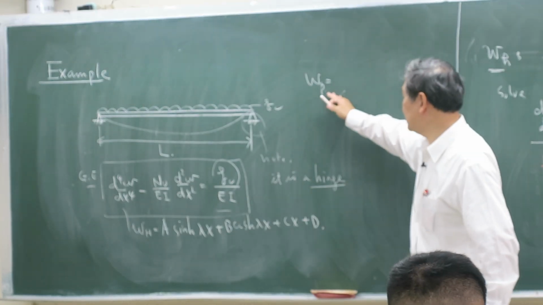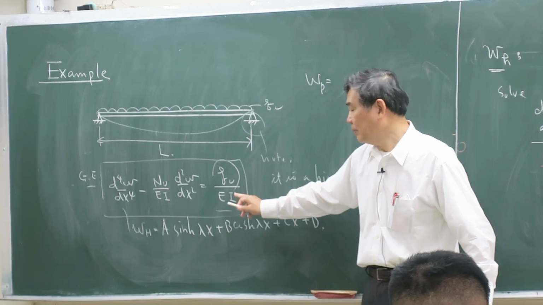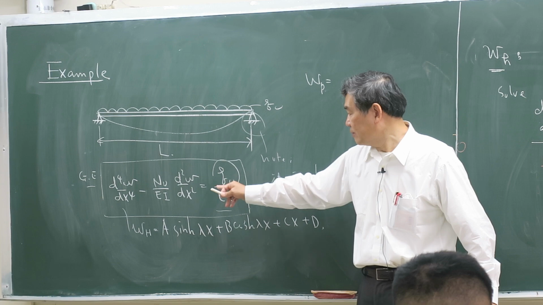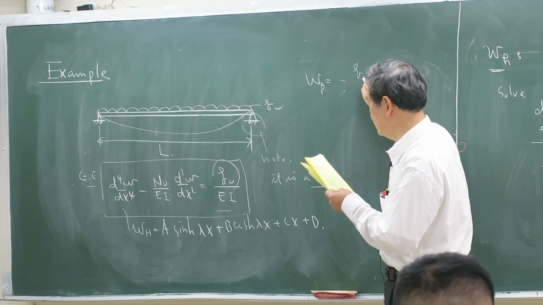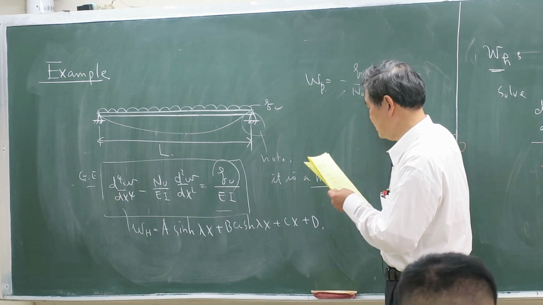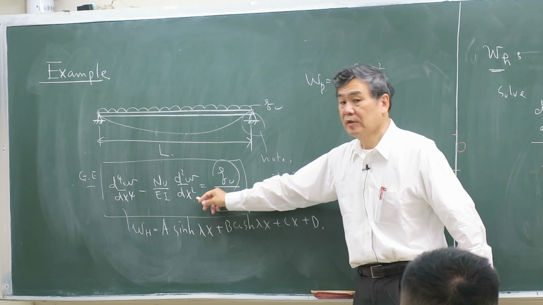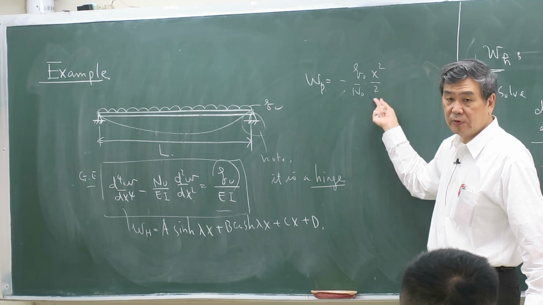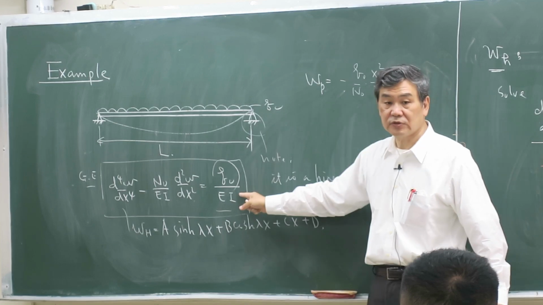So we have to find the particular solution. The way to get a particular solution is to try the form and compare coefficients, but here it is easy. You can get it by observation. That will be minus Q0 over N0 times half x squared. Because if you differentiate w twice, this half will become a constant, and that will equal the coefficient.